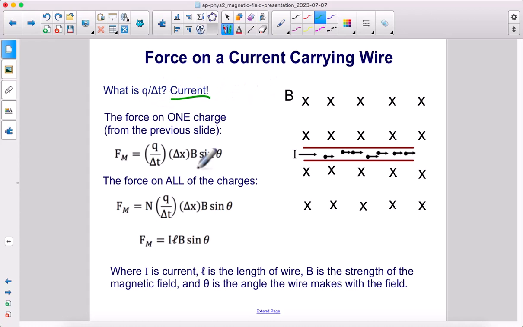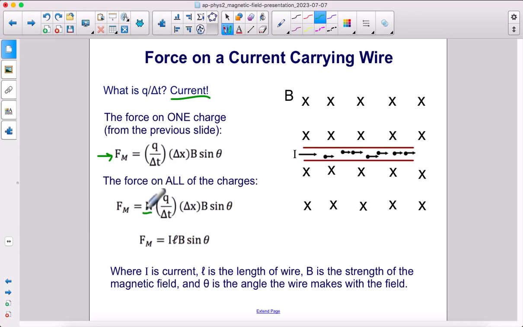The force on one charge, this is from the previous slide, is Q over T times the displacement times the field strength times sine theta. Therefore, the force on all of the charges would be that same equation times n, the number of charges.